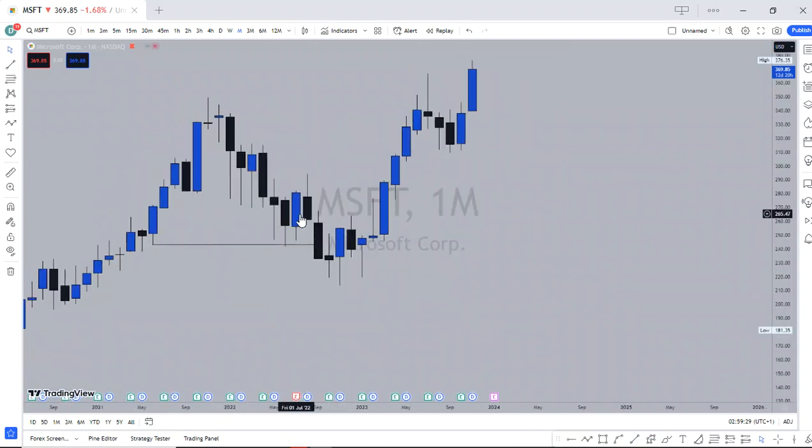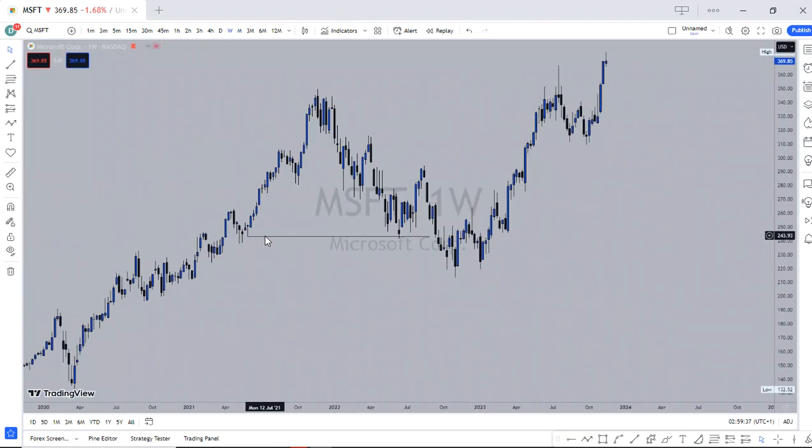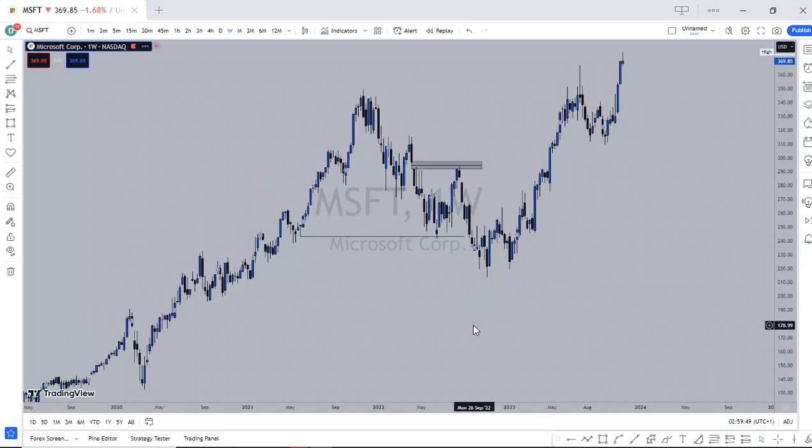So price starts to buy that support. Where did it trade into? Possibly, if you go down to the weekly time frame, that will be very clean for us. So it bought higher. Where did it trade into? It traded into an area where we have an imbalance, a volume imbalance or a fair value gap, right?